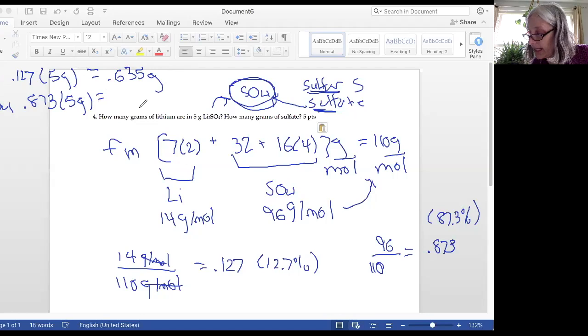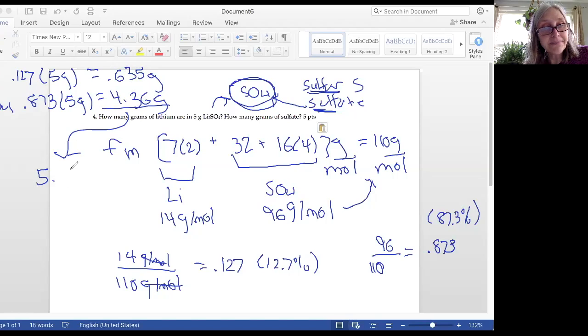And we end up with 4.36 grams. If we add these together, 0.635 plus 4.36, we end up with about 5 grams. It's like 4.99 something, but it's about 5 grams.